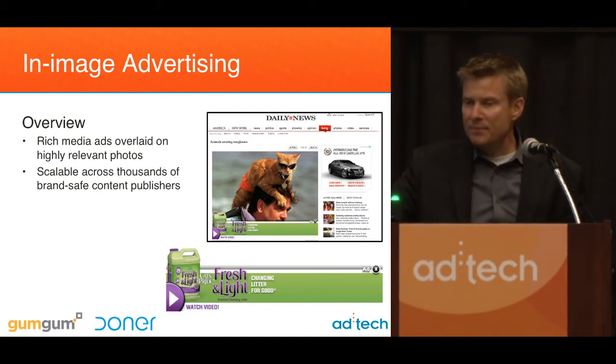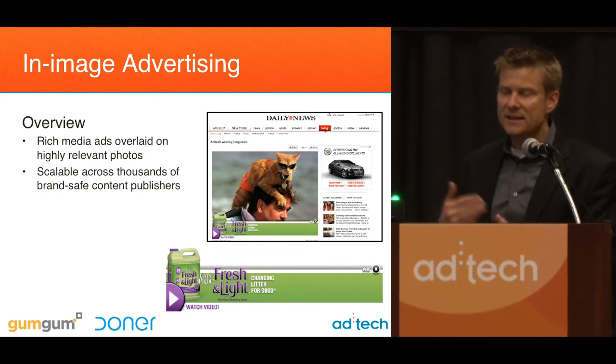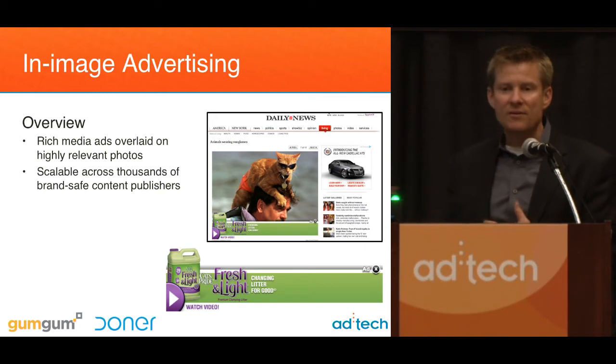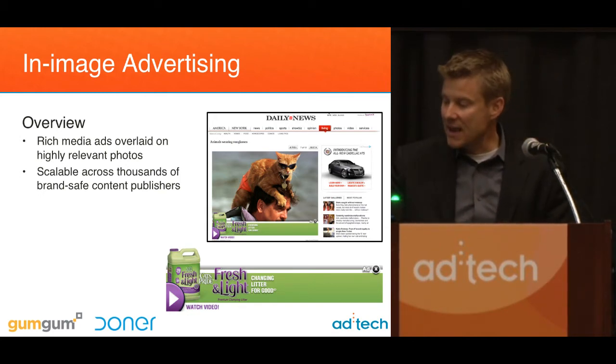And so GumGum developed this technology about 5 years ago, but in the recent past, it's really started to scale. Advertisers are trying it, and our JavaScript is on over 1,000 brand-safe websites, which gives us that scale.